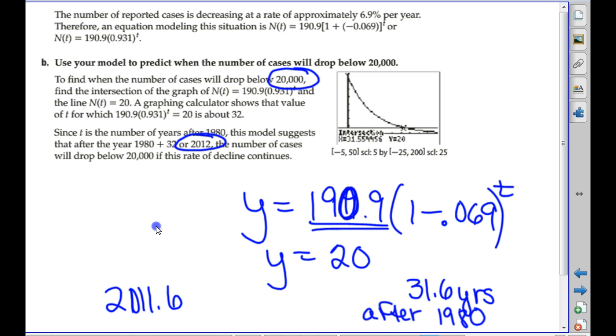Right, that's the only way we know how to solve that kind of problem when we're looking for the exponent at this point: graphing. We're going to learn to use logarithms to solve that kind of problem eventually.